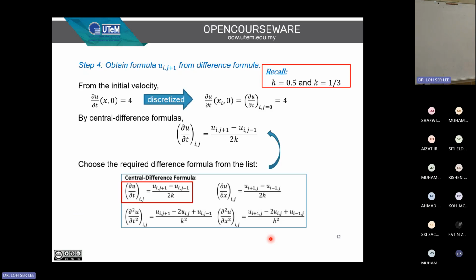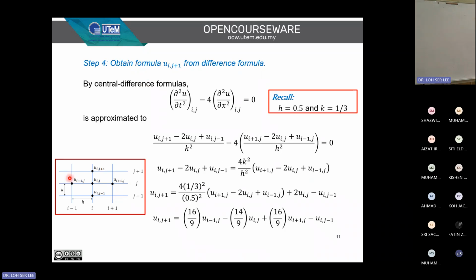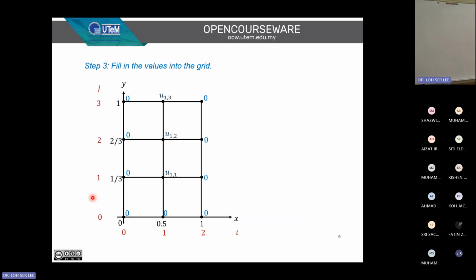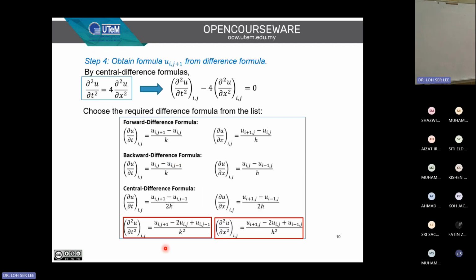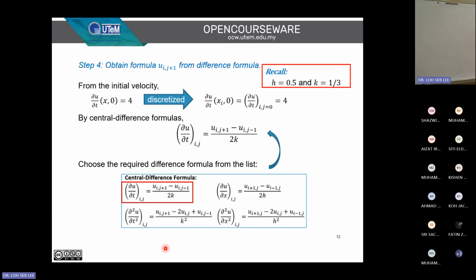Next, we have one more condition, the initial condition, which is the initial velocity. According to this formula, we have these 3 points and 1 point underneath. If you look at your grid, if we want to find for this, 1, 2, 3, and 1 more point underneath here, we do not have the information for that point. That's why you are given the initial velocity for that point.